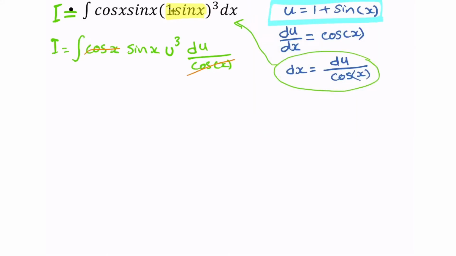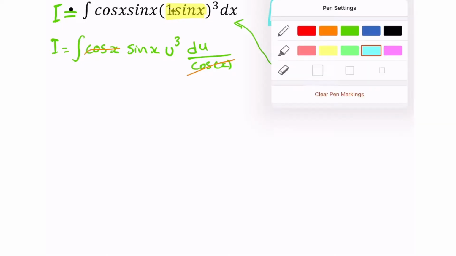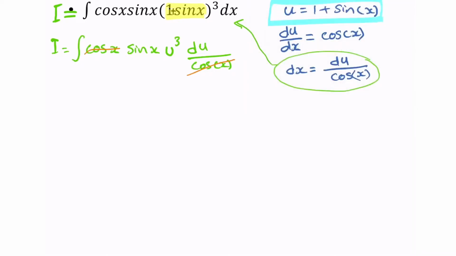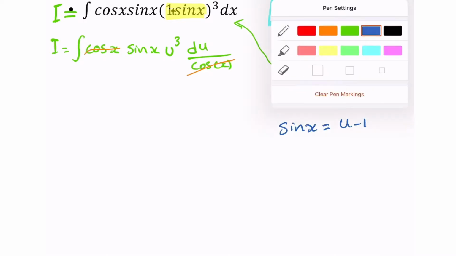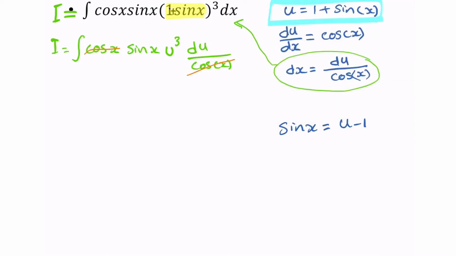As you can see, u equals 1 plus sine x, and find sine x in terms of u. So therefore sine x equals u minus 1. Okay? Right. So I will substitute this. I use it instead of the sine x here.